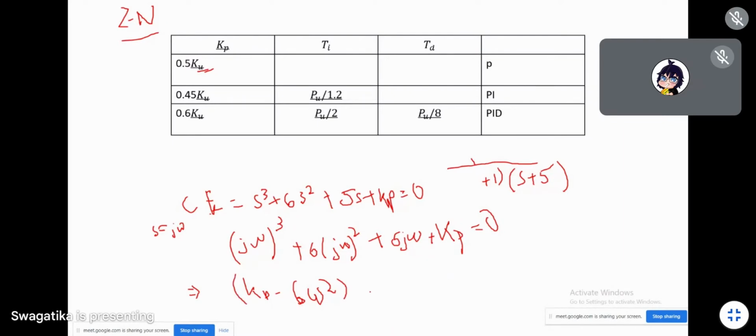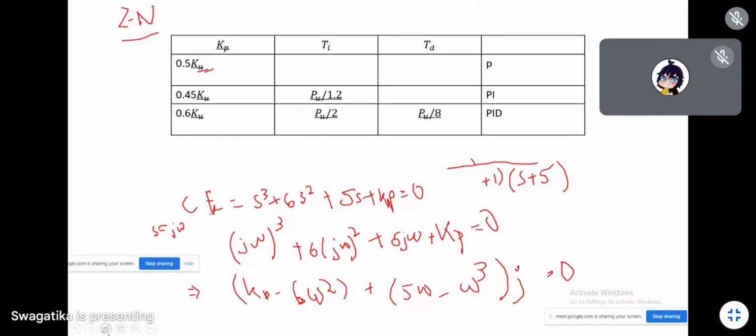And what is your imaginary part? 5 omega minus omega cube, j equals to 0, right? Then what you have to do? You have to make the imaginary part 0, yes or no?